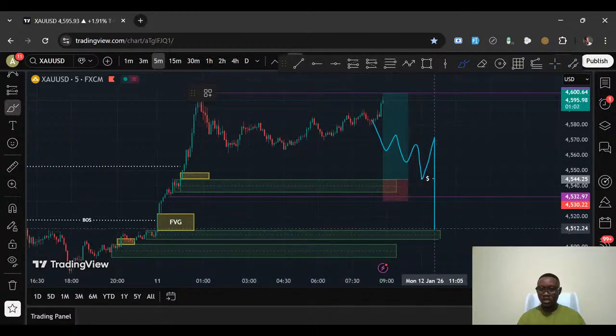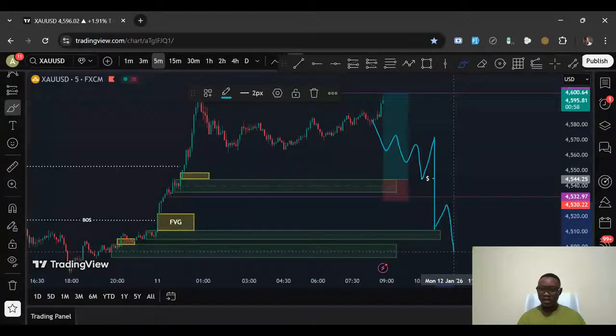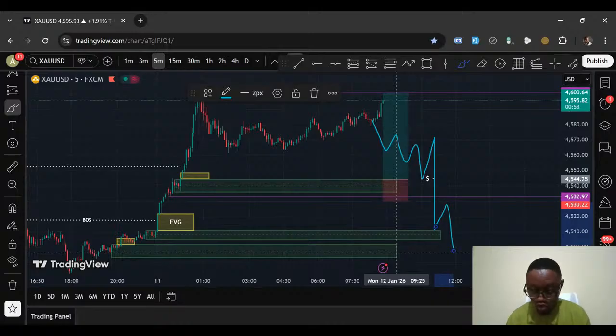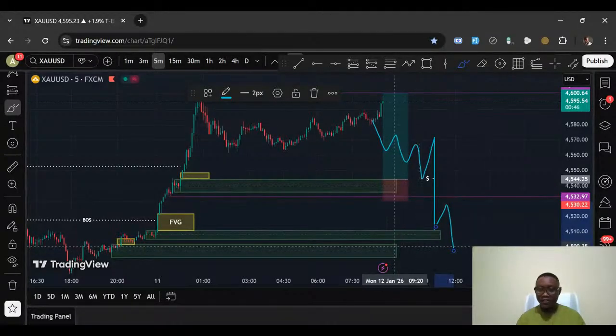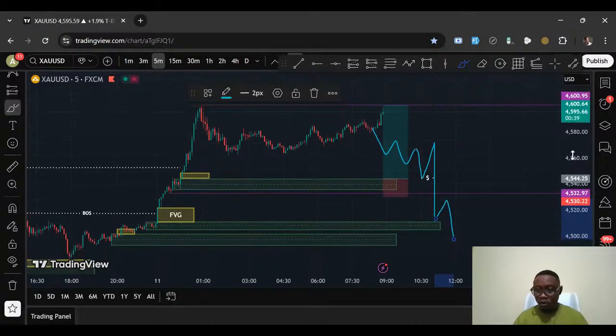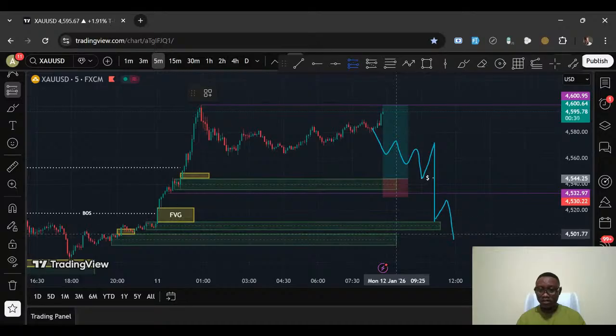Okay, so once price taps this, it can create another inducement, and finally comes to the rear zone, and this is where you want to take your trades without hesitation. The probability of this zone holding is very, very high, and if you're targeting this zone, considering the fact that the overall trend is bullish, right?